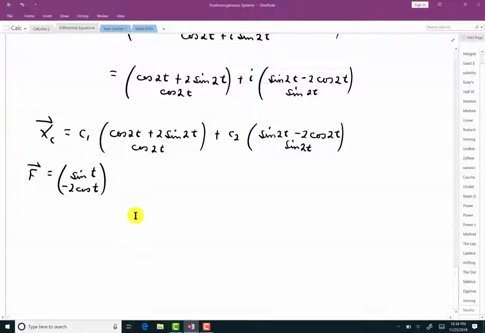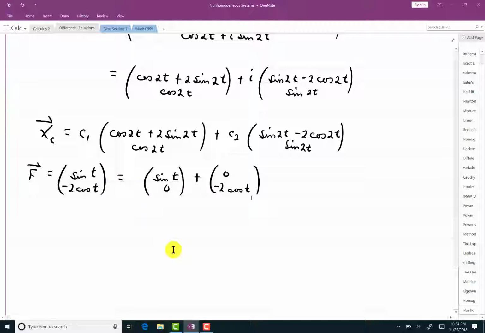Now the way you might want to think about that is the following. Perhaps you should think of it as sine of t, 0, plus 0, negative 2 cosine of t. The reason why I mention this is because you want to try to make your solution to be similar to this.